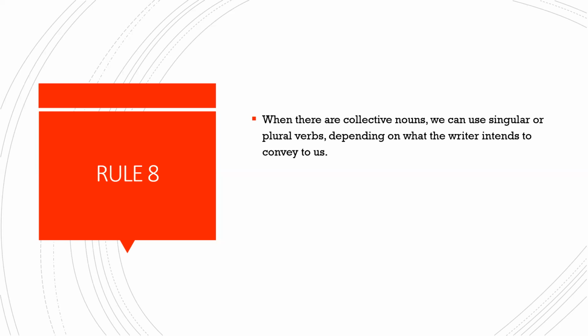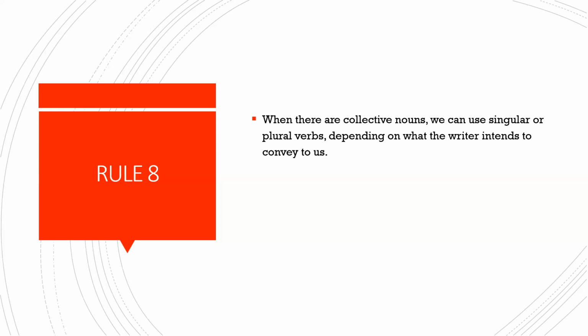So all you have to do in every single case is to read the entire sentence carefully. Don't just look at one word in the sentence and decide whether you should use a singular or a plural verb with it. No. Read the entire sentence very carefully, maybe more than once if you need to, and try and understand what the writer is trying to say in that sentence.